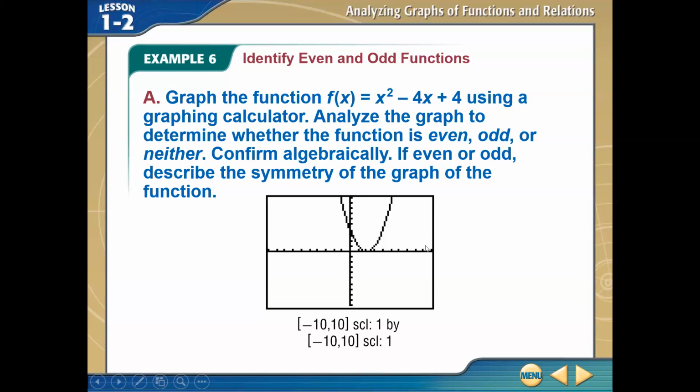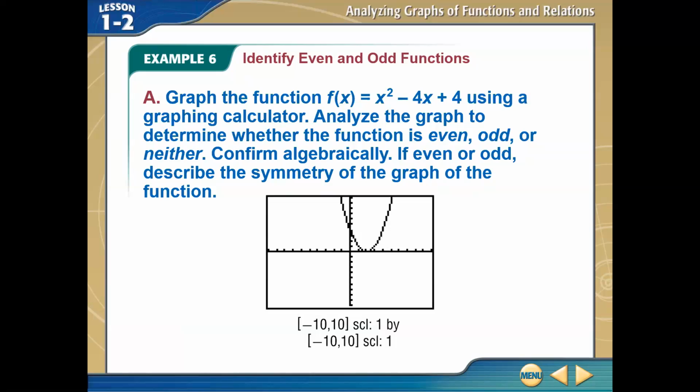Okay, if I were to plug points in, if I were to plug in a 1 and a negative 1, if I plugged in 1, I'd have 1 squared, which is 1, minus 4, which is negative 3, plus 4, which was 1. So that point's going to be right here. So I'd have 1, 3 as my answer.